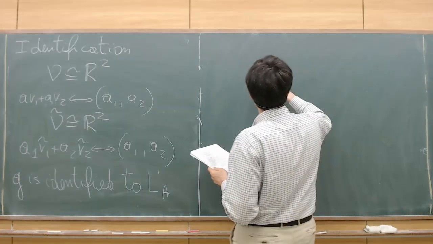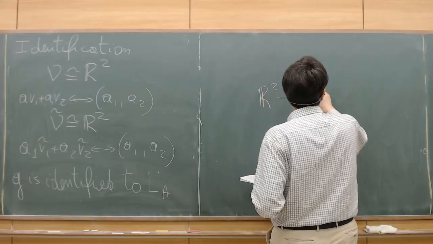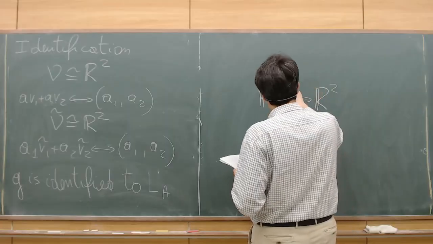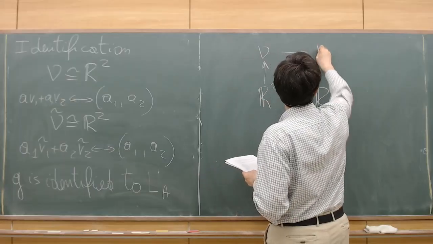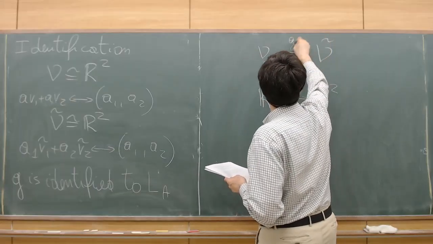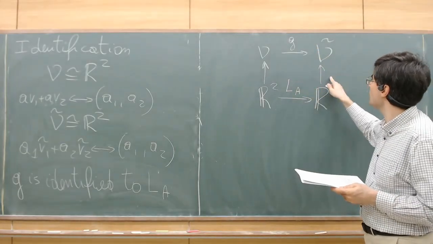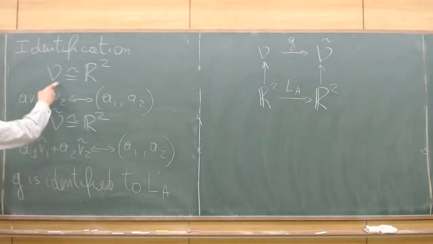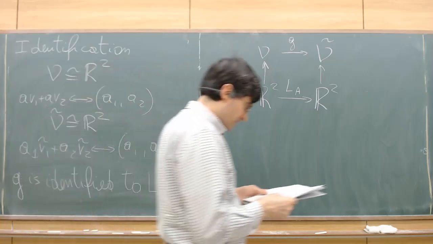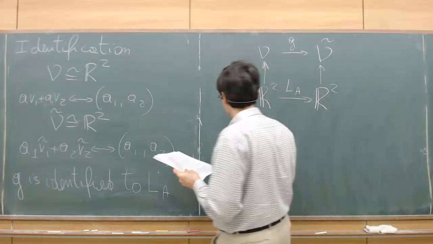Precisely, we have the following diagram. This is the map G, this is the map LA, and these two vertical arrows represent the identification that I presented before. Now we are ready to present the notion of area distortion.